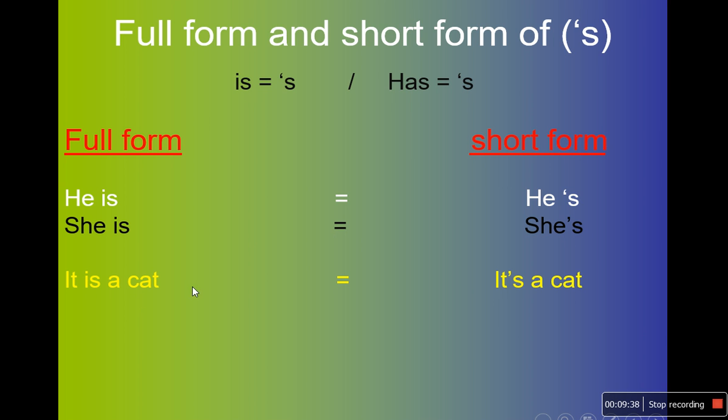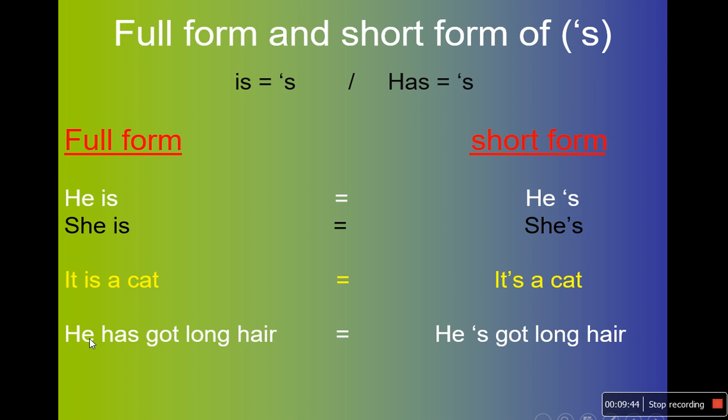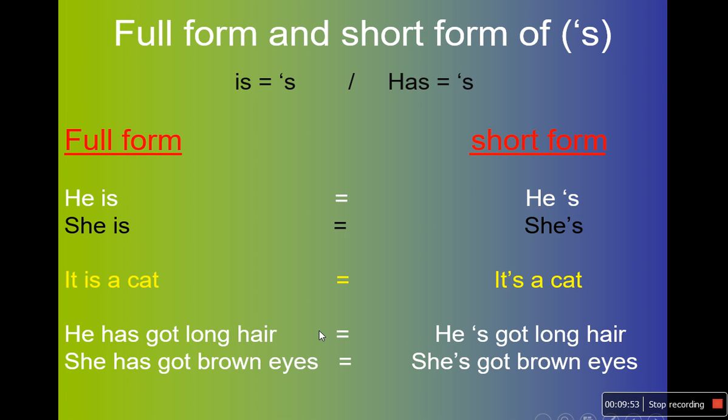It is a cat. It's a cat. He has got long hair. He's got long hair. She has got brown eyes. She's got brown eyes. Okay?